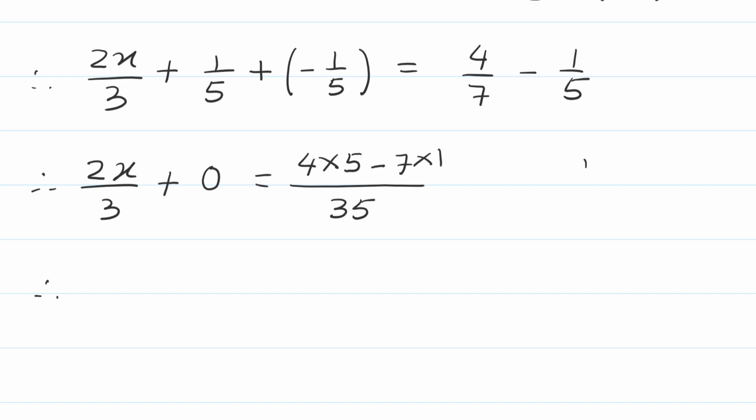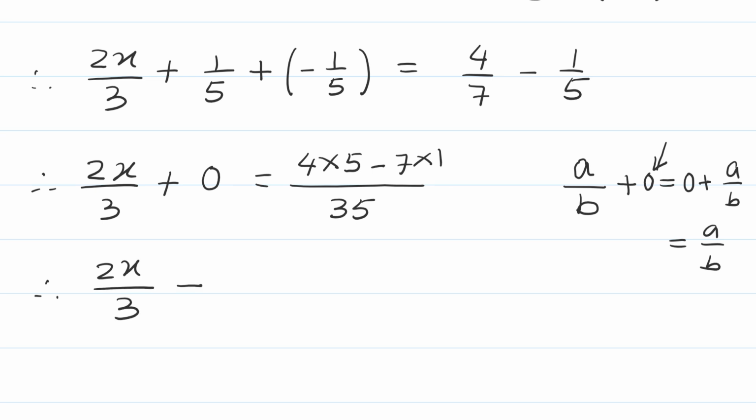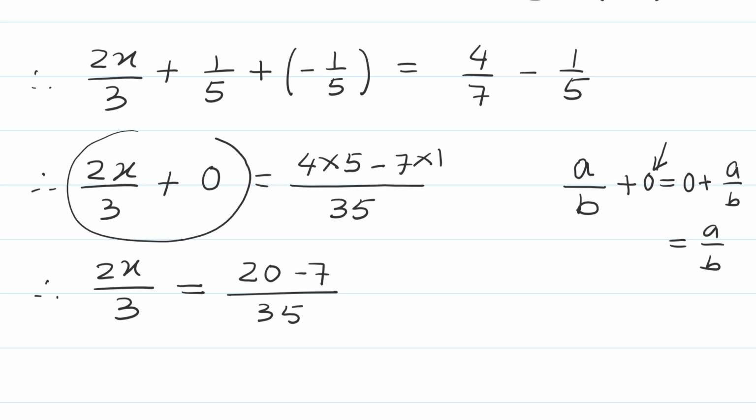Additive identity is, for any rational number a upon b, a upon b plus 0 is equal to 0 plus a upon b is equal to a upon b. 0 is neutral for addition. So 2x upon 3 plus 0 is equivalent to 2x upon 3. So here we have used the additive identity property. In the first step we have used the additive inverse property.